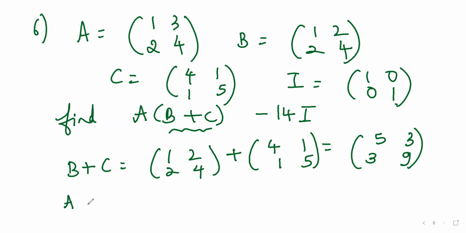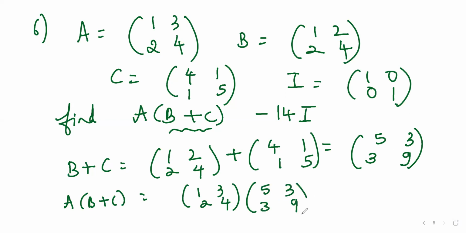So what is A into B plus C? It will be A is 1324 into B plus C. We have found out what is B plus C, 5339. And now when you multiply, you'll get 5 into 1 plus 3 into 3. First row, first column. Then first row, second column, 3 into 1 plus 9 into 3, 27.